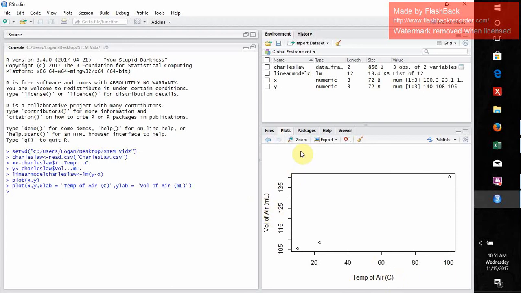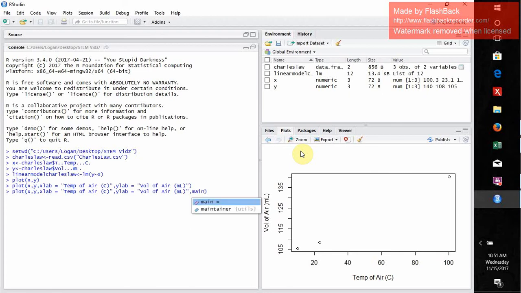So one thing that's good about R is that if you like the code that you just executed, but you'd like to add something to it or modify it a little bit, you can grab it again by just pushing the up arrow on your keyboard, and then you can modify that code.